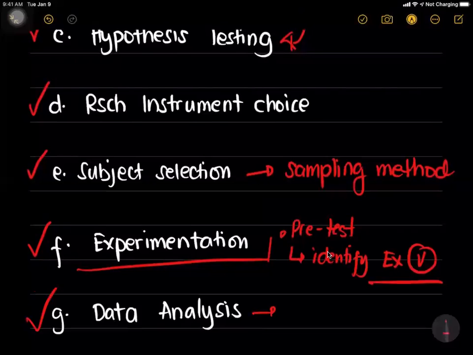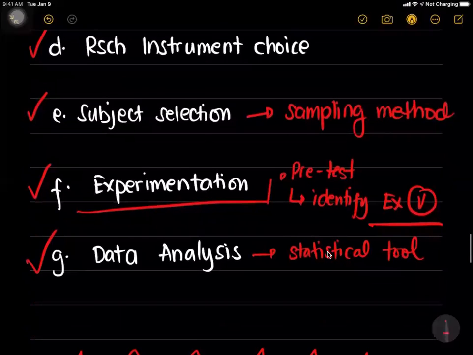In here, we will now apply our statistical tool or our statistical treatment or our statistical analysis. So all of these steps should be cohesive, should be aligned, should be towards a certain goal, and that is now referred back to your research objectives.